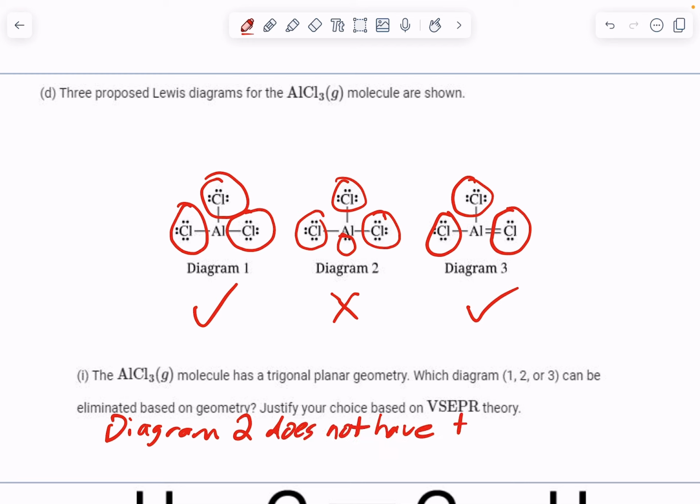I'm going to shorten that. Okay, justify your answer choice with VSEPR theory.